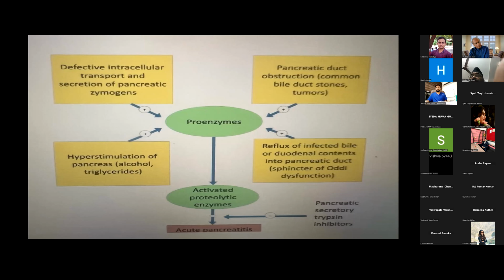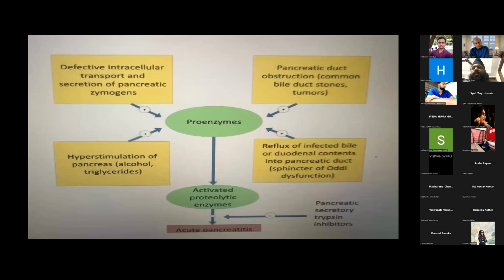Whenever there is a direct acinar cell injury or increase in intraductal pressure, the junctional barrier between the acinar cells breaks down and the enzymes in the acinar cells get released into the interstitial space. When these enzymes get released into the interstitial space, they get activated within the pancreas, causing autodigestion of the pancreas.